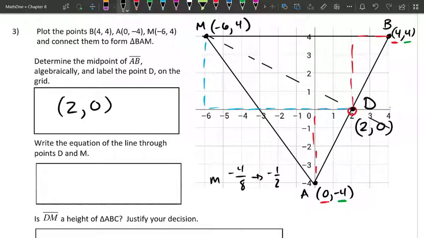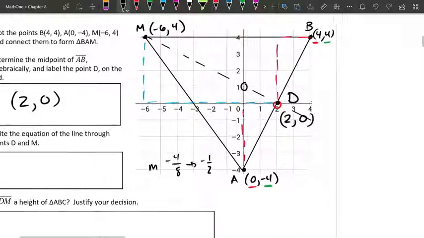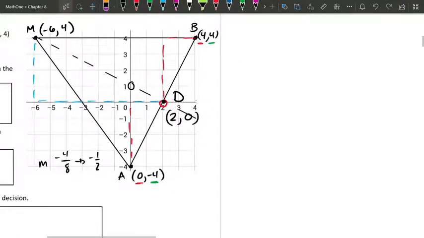So my slope is negative 1 half. It also looks like my y-intercept is at (0, 1), but I'm going to check that algebraically because I don't want to fall for that if it's not. So I have this point at (-6, 4).